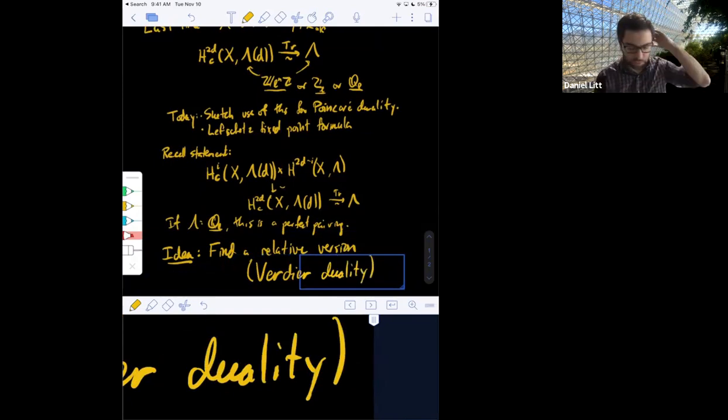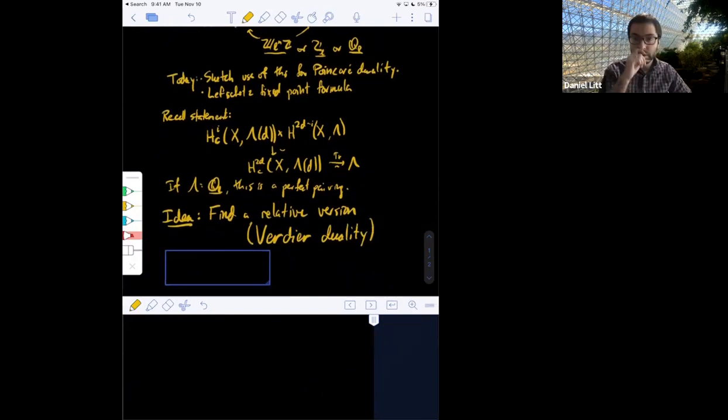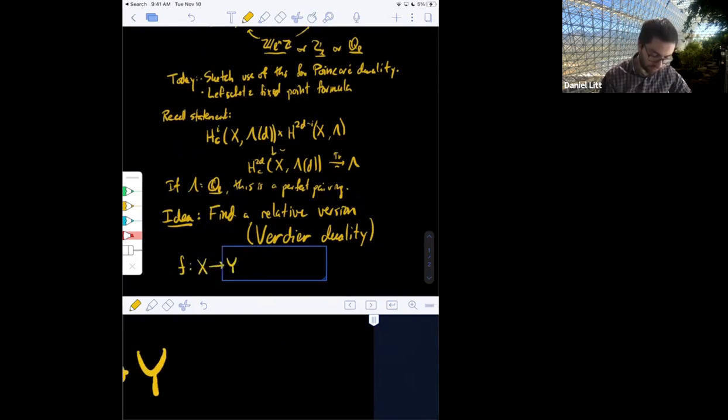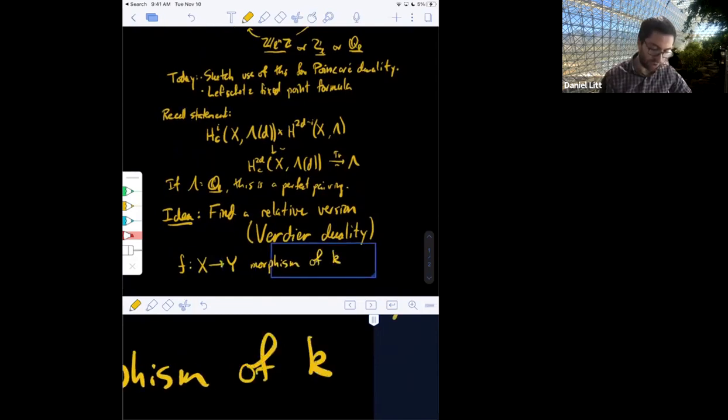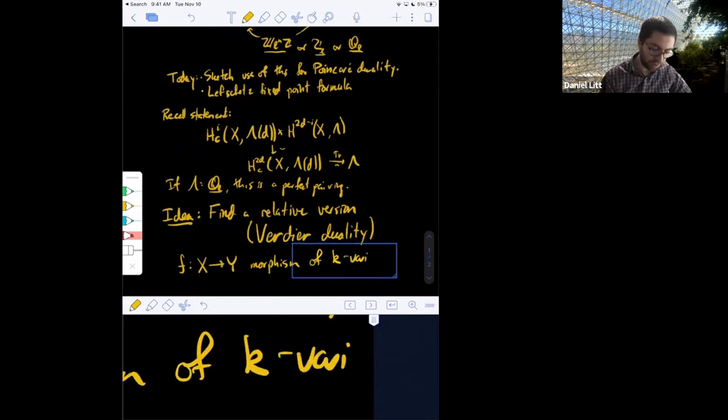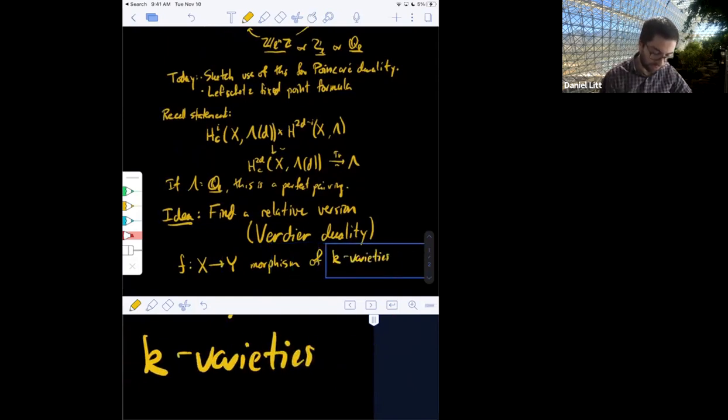So just a reminder, there are some categories I've only very imprecisely described, which are the derived categories of constructible sheaves on X. So suppose we have a morphism f from X to Y. This is just a morphism of k-varieties. And this works in more generality than k-varieties, but we're only going to use it for varieties.